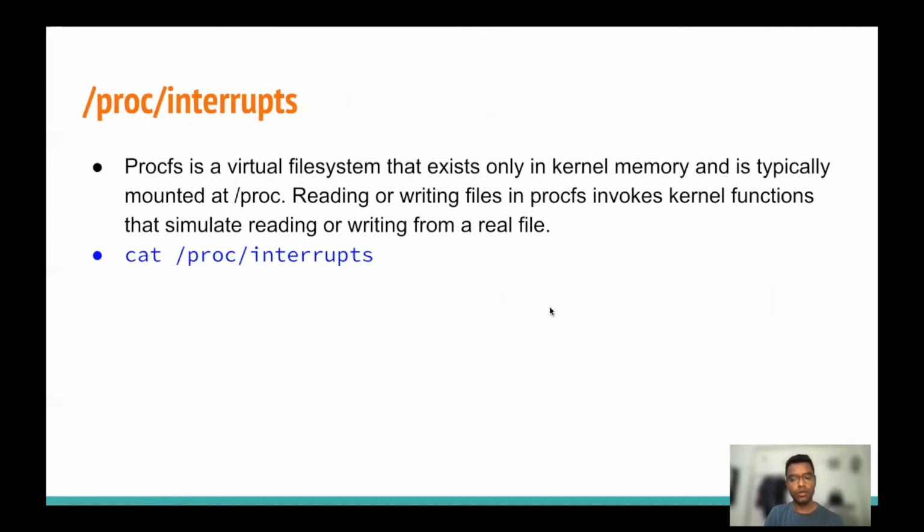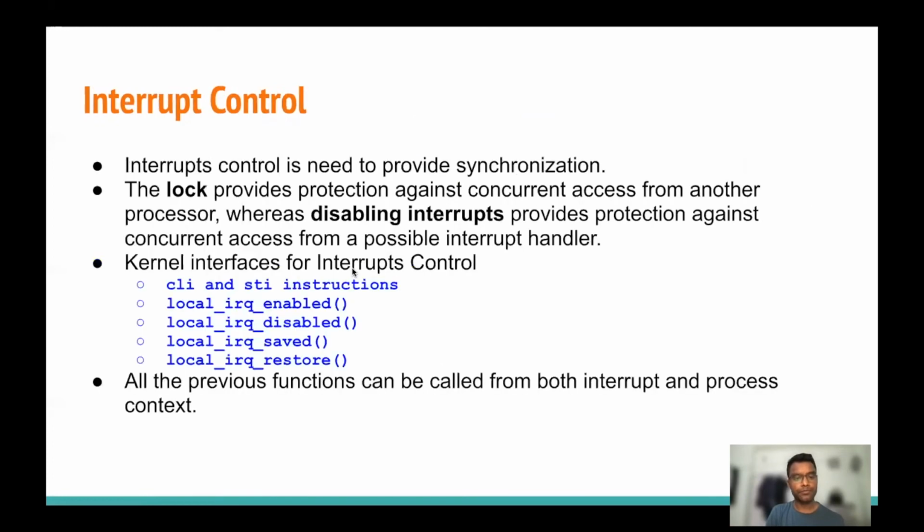If we want to see all the interrupts registered for every device in our system, then we can run this command. At the end, we will run this command when we see the interrupt handler code. We have to control the interrupt because we want to synchronize, since there are multiple CPUs in modern computers, so another CPU can interfere when a CPU is running an interrupt.